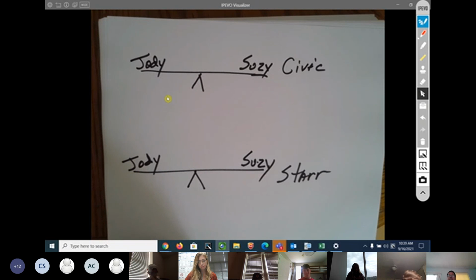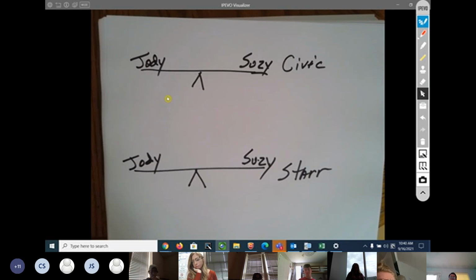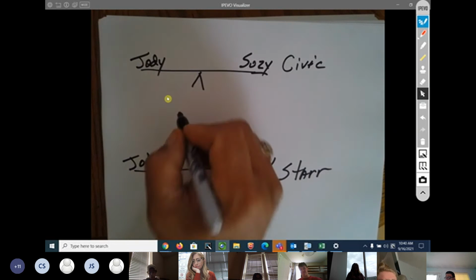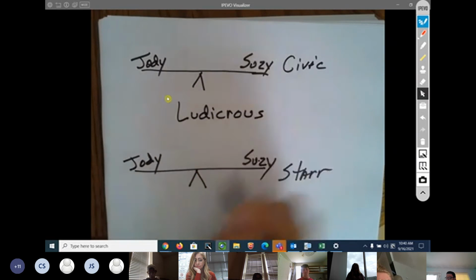Now, how sensible is that? Making your kid sit on the left side of the seesaw and making your other kid sit on the right side, no matter where you go. How sensible is that? It's called, I don't even know how to spell it.